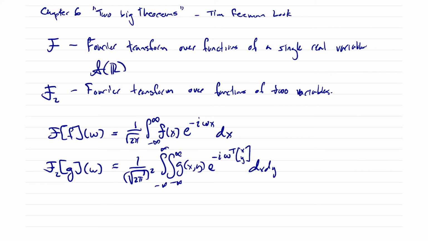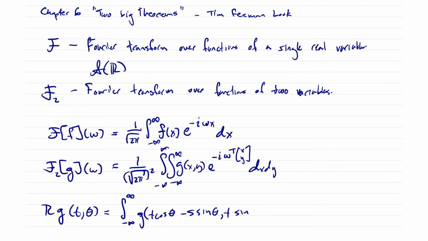So we have the Radon transform of, say, a two-dimensional function g, evaluated at, say, t theta, is equal to the integral from minus infinity to infinity of g of t cosine of theta minus s times sine of theta, comma t times sine of theta plus s times cosine of theta, ds.